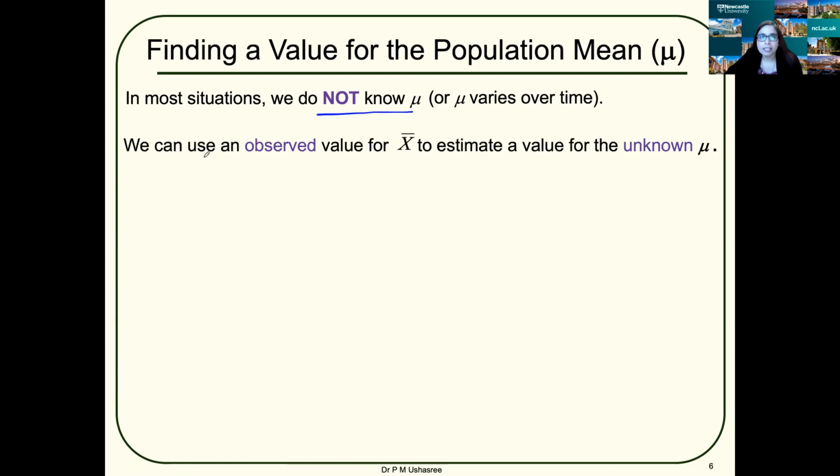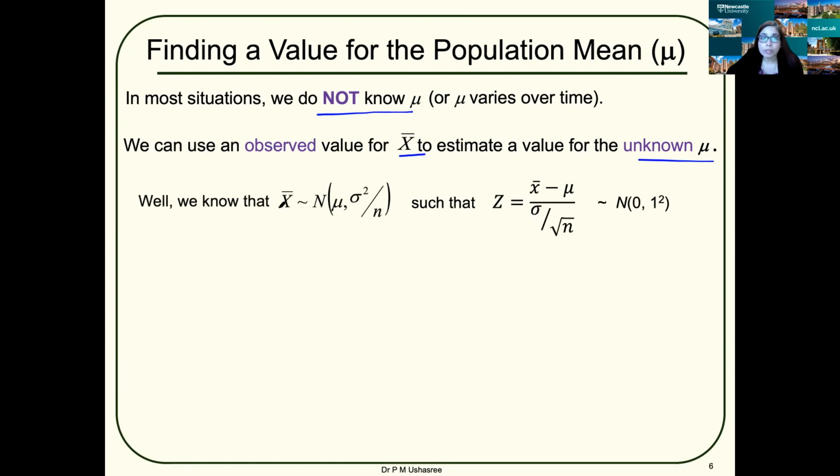So let's imagine that we have an observed value of the sample mean, and let's use it to estimate the value of the unknown population mean. We know that for a sampling distribution, X bar is a random sample mean which follows a normal distribution with population mean mu and variance sigma squared by n.